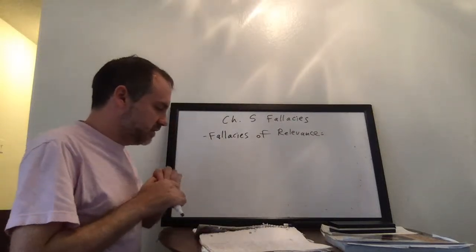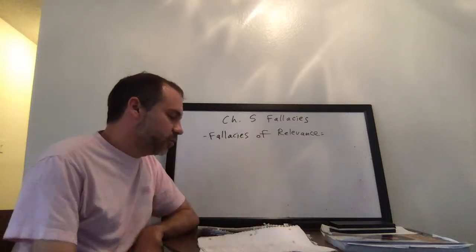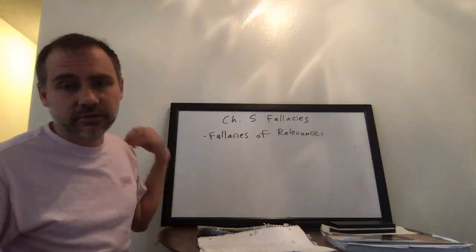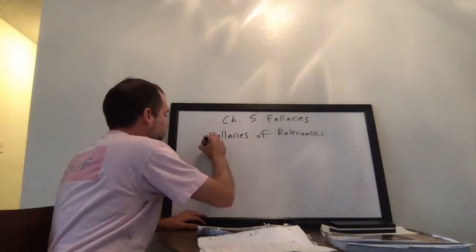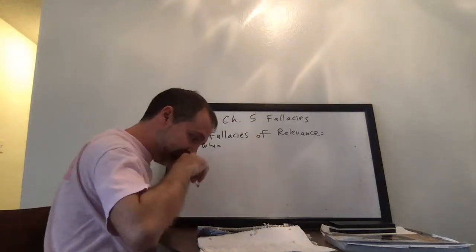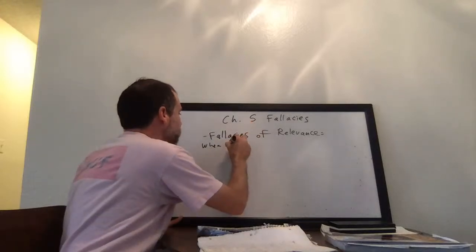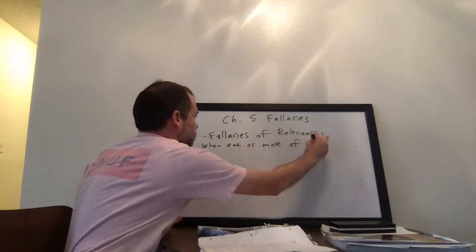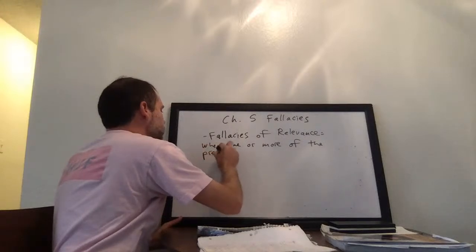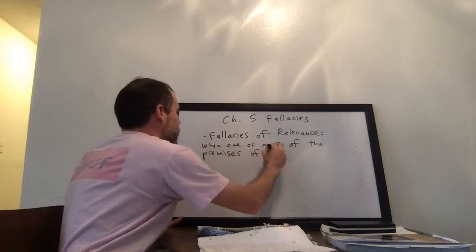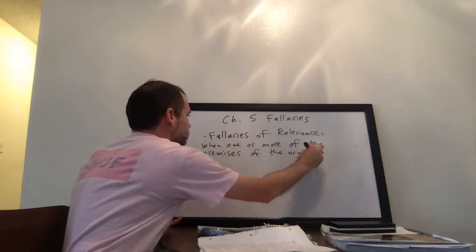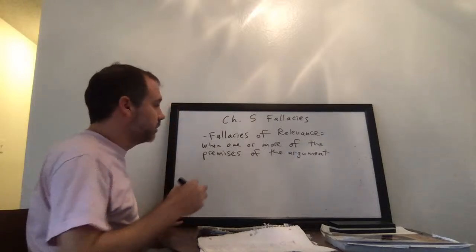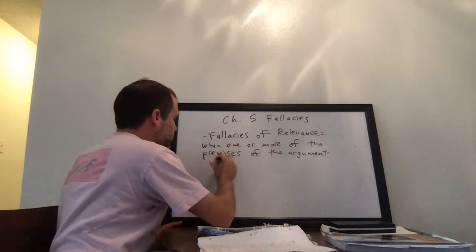Now, what's up with these fallacies is that they happen within arguments when one or more of the premises of the argument is irrelevant or unrelated to the conclusion. Okay, so that's the definition of the concept. Let me put it here. When one or more of the premises of the argument is irrelevant or unrelated to the conclusion.